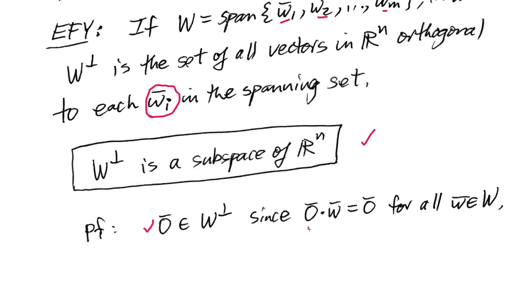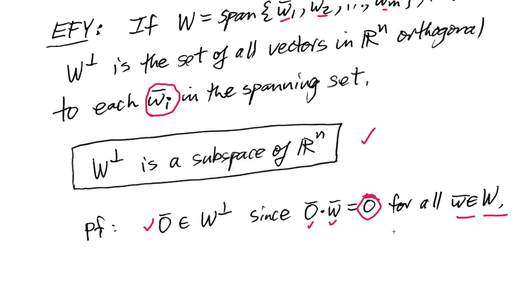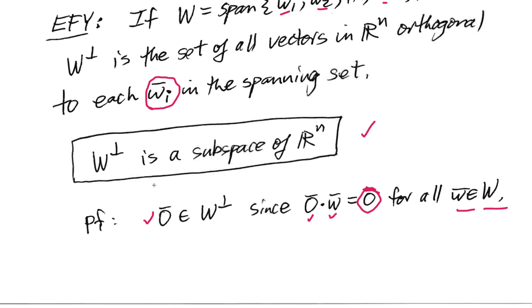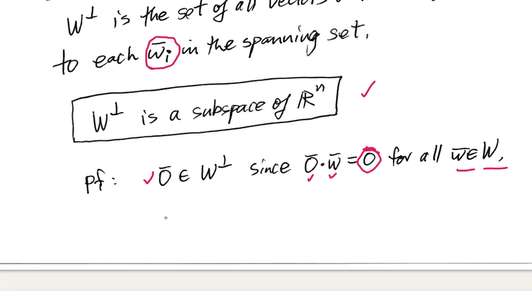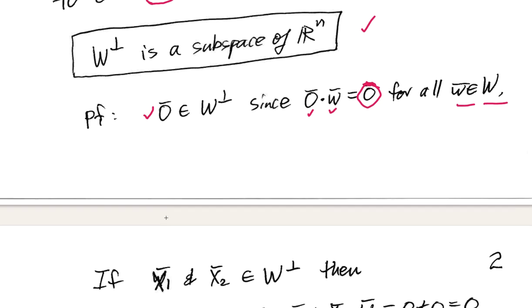Well, the 0 vector dotted with any w is going to give you, oops, that shouldn't have a bar on it, that should be just 0. The dot product is going to be 0 for all w bar in W. In fact, all w everywhere. But there it is. So definitely W perp contains the 0 vector. Now that's the first thing we would need for a subspace.